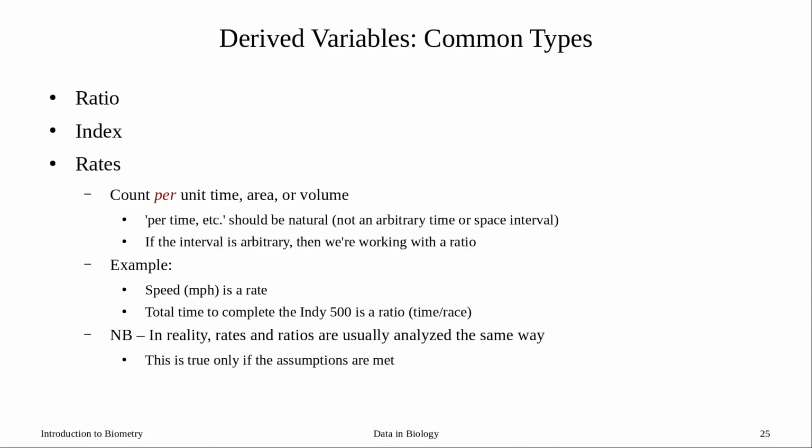That's all natural. Yeah, we arbitrarily defined the time unit, but the speed was still a natural unit. It was per something. Total time to complete the Indy 500, though, is actually a ratio, because we've arbitrarily defined the distance, and then it's basically time for that distance, so it's no longer a rate.